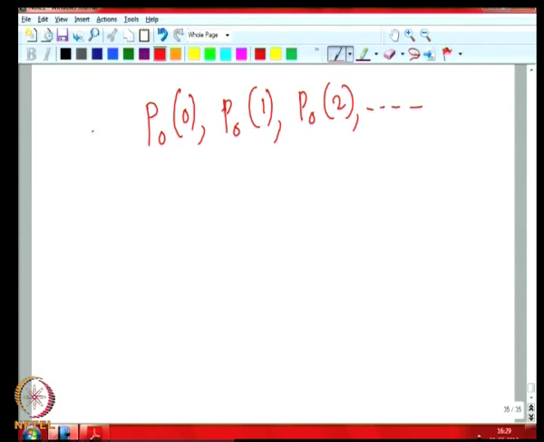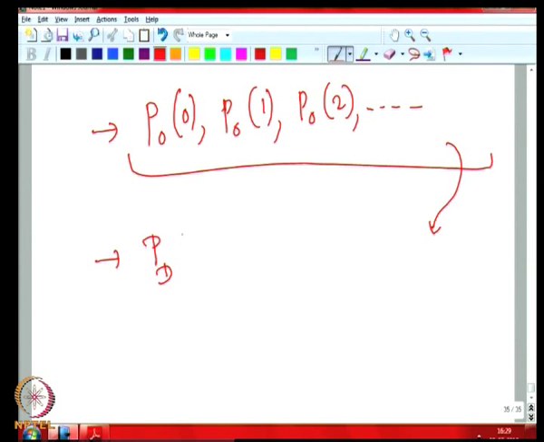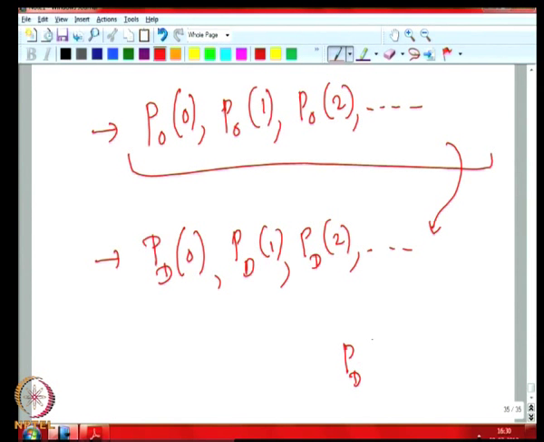See, why am I writing the generating function? Because if I write down the generating function and somehow manipulate it and show that it is the same as the generating function I obtained for the other sequence, namely PD of 0, PD of 1, this sequence, what does it mean? It would mean that both the sequences are the same. For instance, PD of n will be equal to PO of n.